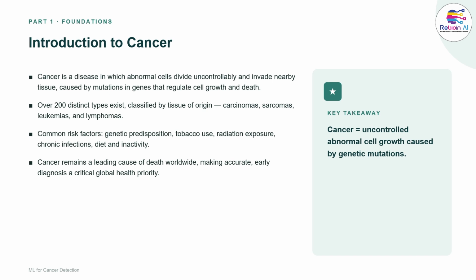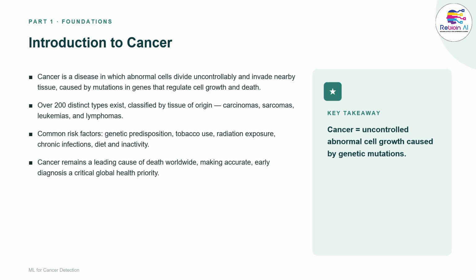There isn't just one type either. There are over 200 recognized types classified by where they start, like carcinomas in glandular tissue, sarcomas in bone or muscle, leukemia in blood forming tissue, and lymphomas in the lymphatic system.